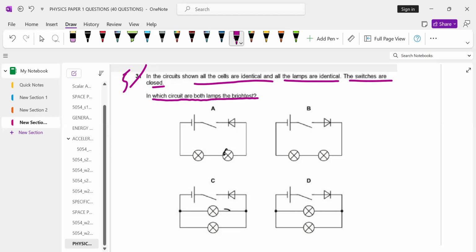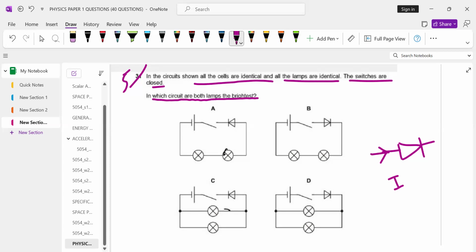Firstly, you can see that there are diodes in all 4 circuits. For a diode, you need to remember the direction in which the current passes. The direction of the current and the direction of the diode arrow should be the same. If they are the same, current will pass through it.